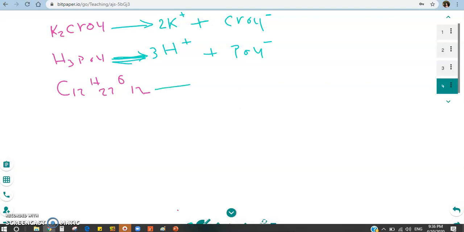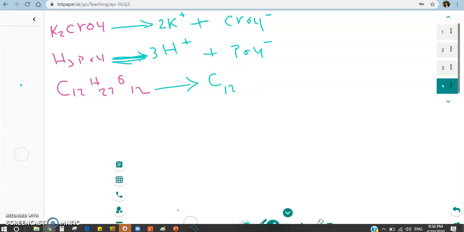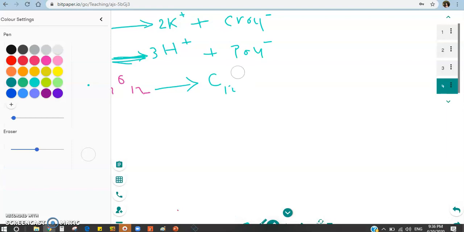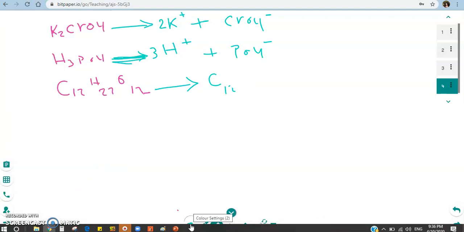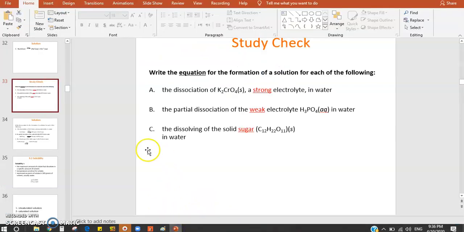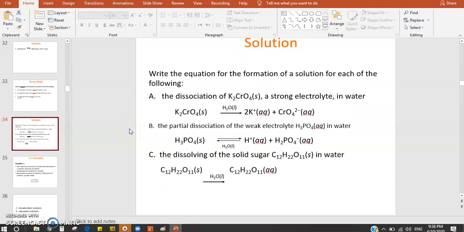And then the non-electrolyte that doesn't dissolve at all in water, we'll just write as it is with no change. And these are the equations.